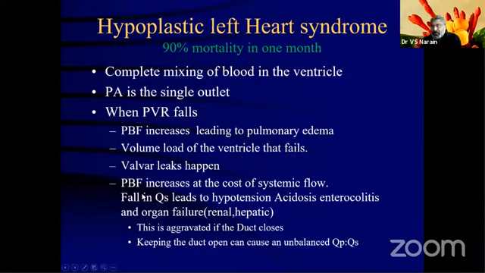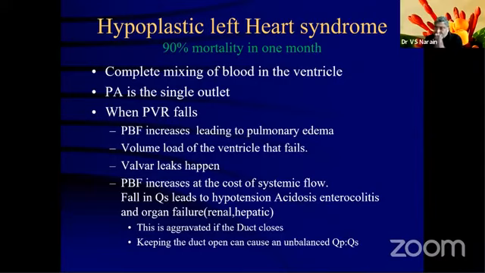More pulmonary blood flow is at the expense of the systemic blood flow. When you have a fall in the systemic blood flow, you have hypotension, acidosis, hepatic and renal failures, and enterocolitis, especially if the duct also closes. So the neonate becomes very sick the moment the pulmonary vascular resistance falls and the duct also closes, because the duct, as I earlier said, was decompressing your circulation and providing blood to the systemic circulation.